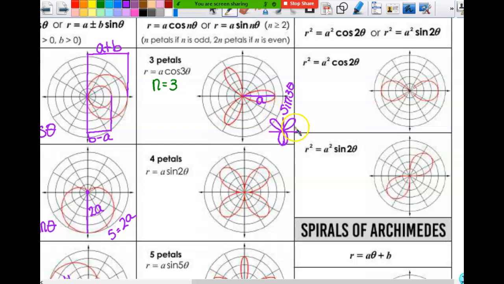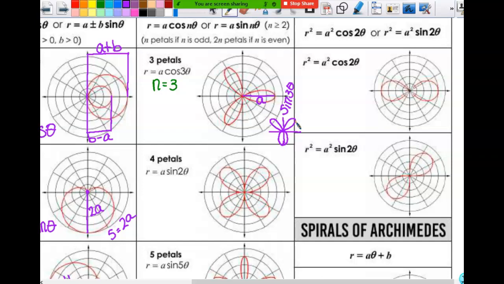Instead, you look at that first petal. It's not on the x-axis, but it's in the first quadrant. That's what makes it sine. And that really sometimes is all you need in calculus to know, oh, first petal's in the first quadrant. We wouldn't have to draw it. We don't care what A is, just having a concept of where things are based on your equations. But that takes some practice.